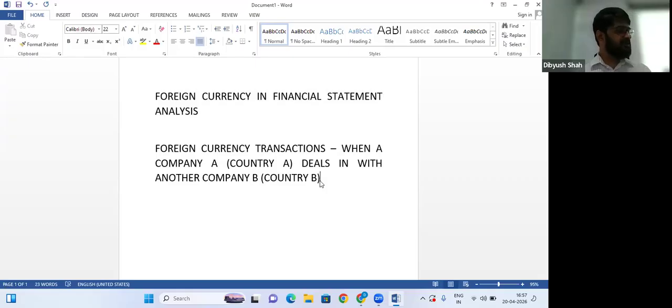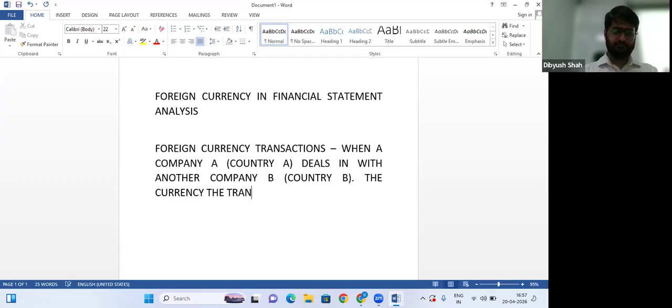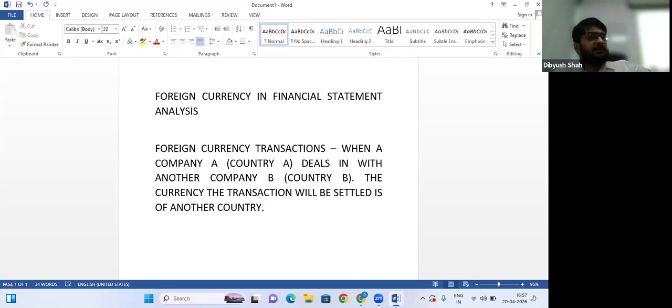Then that becomes a foreign currency transaction. So if you understand, then this will become a foreign currency transaction.